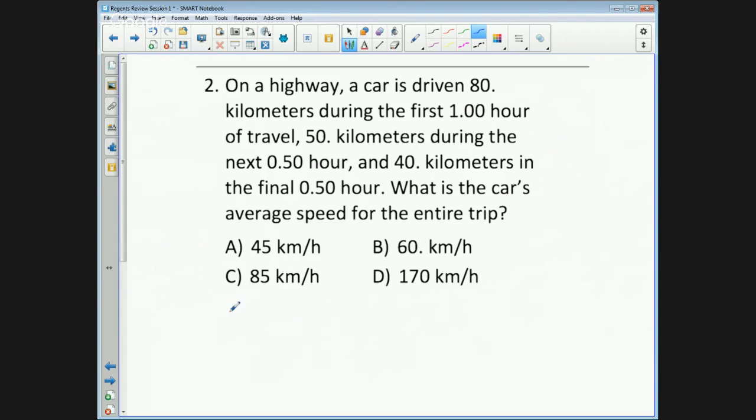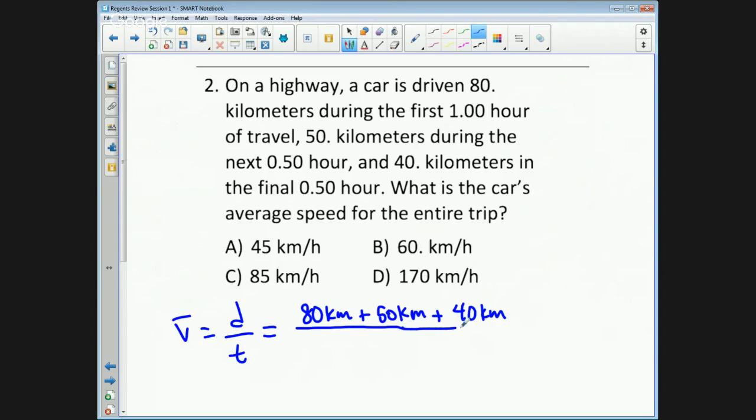Average speed is your total distance over your total time. So let's add up all of our distances. We have 80 kilometers plus 50 kilometers plus 40 kilometers, and we're dividing that by our total time.